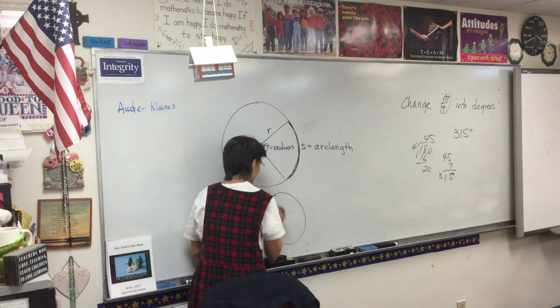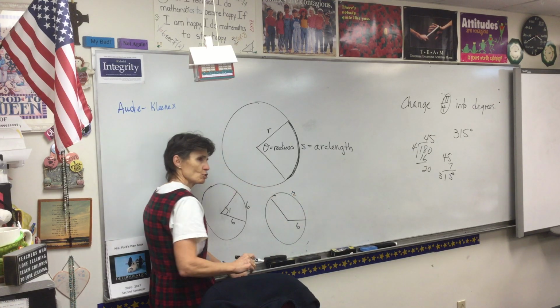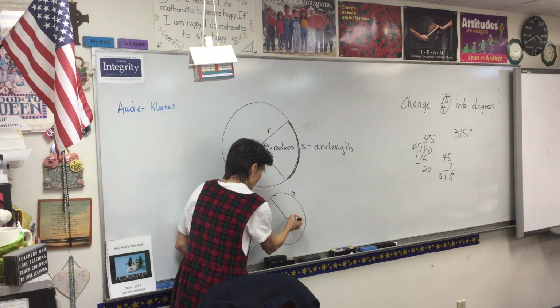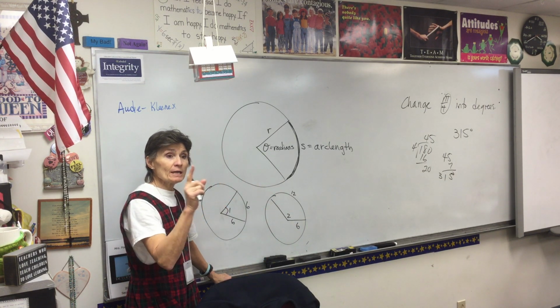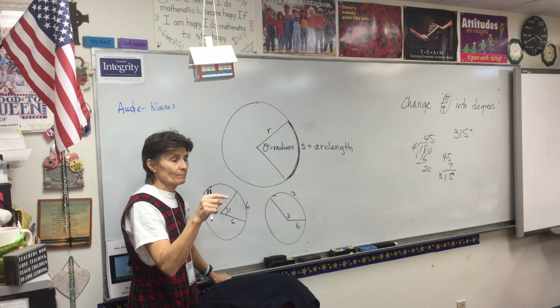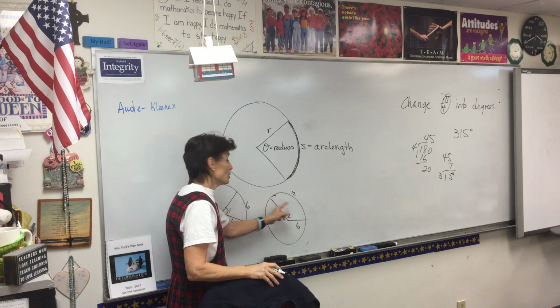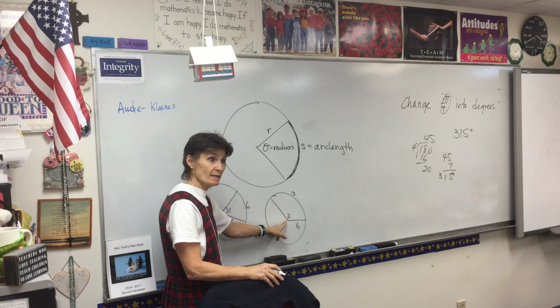Then I asked, what if the radius is 6 but the arc length is 12? And you said that would be 2 radians, right? Because every radius makes a radian. So 2 radiuses, radii, would make 2 radians.